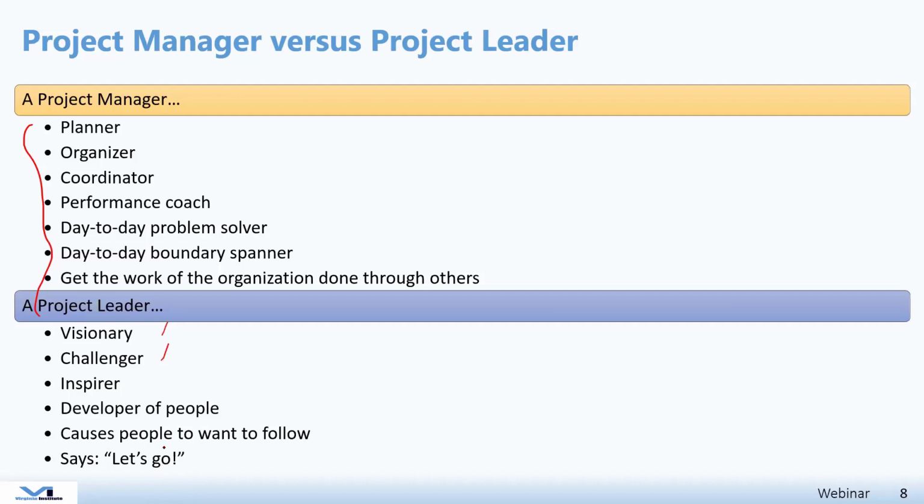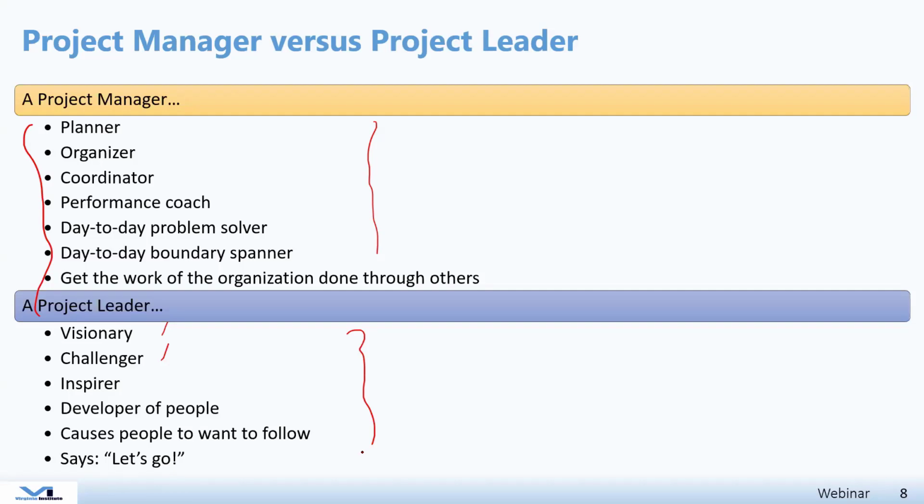So to succeed in project management, you need to exercise what I refer to as managerial leadership. Managerial leadership basically means that you are a project manager, but at the same time, you are a project leader. If you are only technically competent in doing the functions of management, that's not enough. If you are only competent in knowing how to deal with your stakeholders and team members and such, that's not enough.